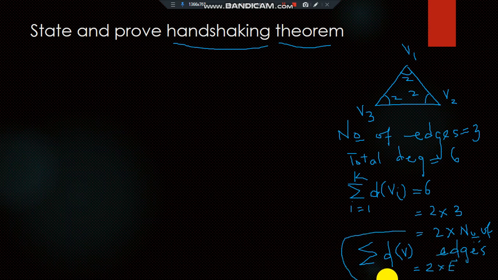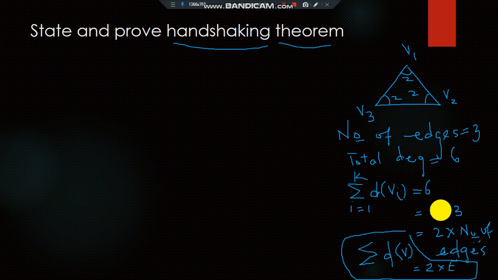This is what we call the handshaking theorem. So the handshaking theorem says the sum of the degrees of the graph equals 2 times its edges. From this single picture we can see this. So if you take any graph, this relationship between total degree and edges is always true.